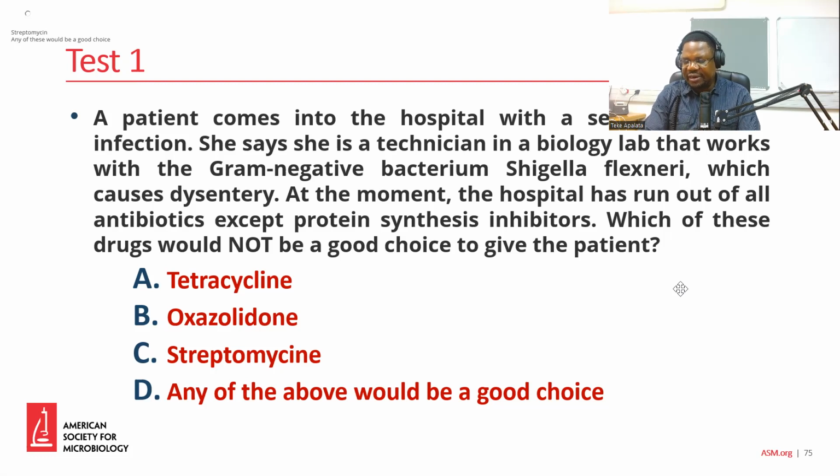But tetracycline can be used against Shigella flexneri. But what you need to understand is mainly the epidemiology of antimicrobial resistance in your setting, because we have quite high cases of resistance of Shigella to tetracycline. So you need to understand your local epidemiology.